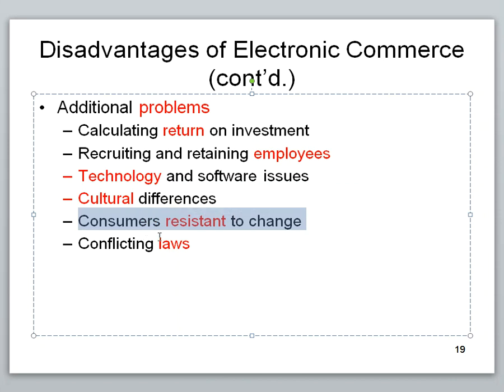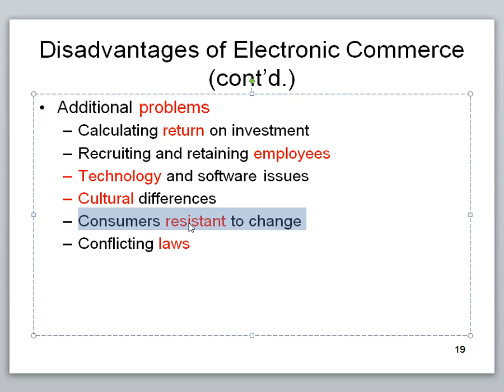Some people, maybe you are one of them and I am one of them, still prefer to use the mall, go to the shop, talk to the seller, right? Listen to the music in the shop, right? Enjoy being there with real people, not doing it on the internet.